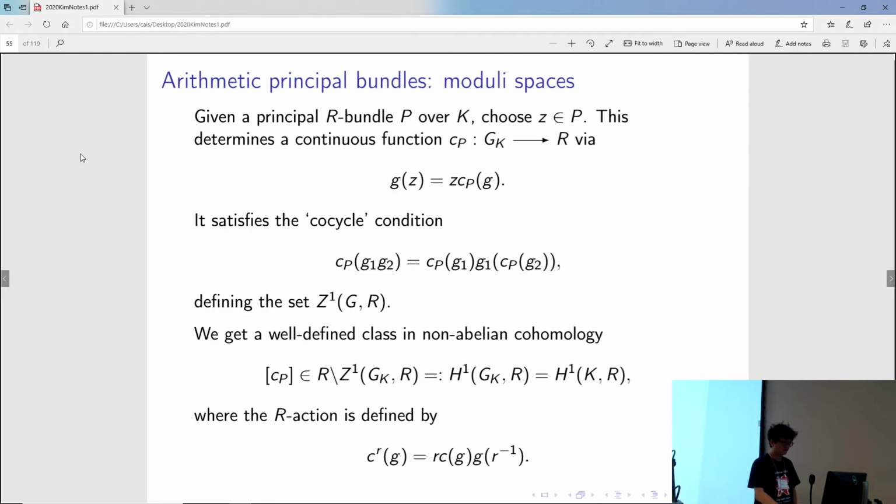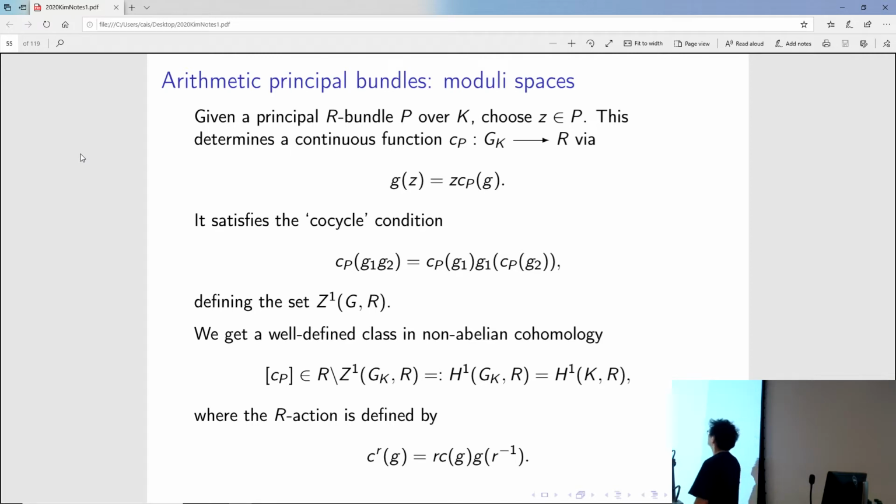And then, with respect to a suitable equivalence relation, you get this thing called nonabelian cohomology of the Galois group with coefficients in R. And the equivalence relation is just given by trivial cocycles. So there's a way in which you can conjugate cocycles by elements of the group R to get these equivalence classes.